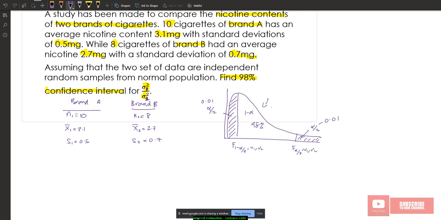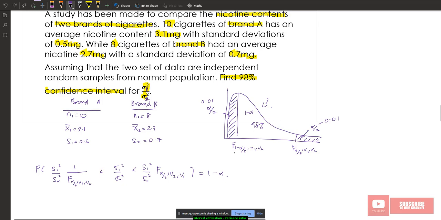But according to the formula, the probability of S1 squared divided by S2 squared times 1 divided by F alpha divided by 2, V1, V2, less than sigma 1 squared over sigma 2 squared, less than S1 squared over S2 squared multiplied with F alpha divided by 2, V2 and V1, equal to 1 minus alpha.